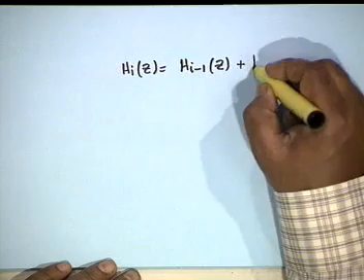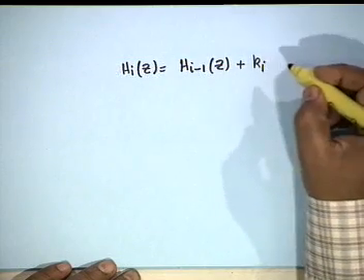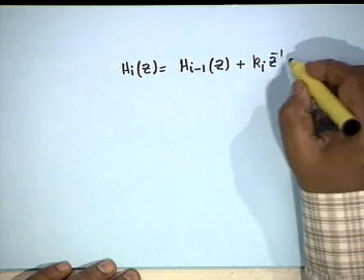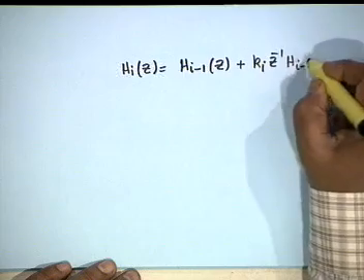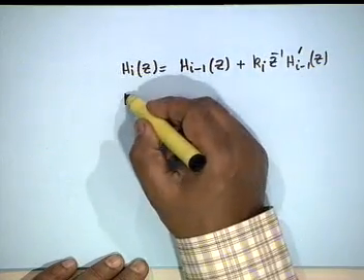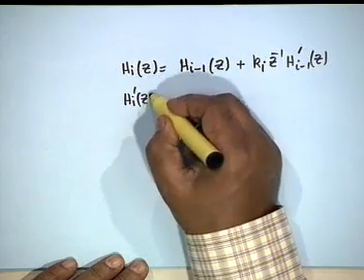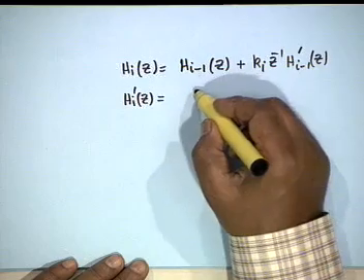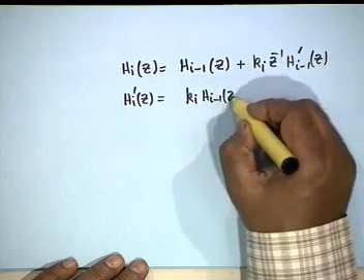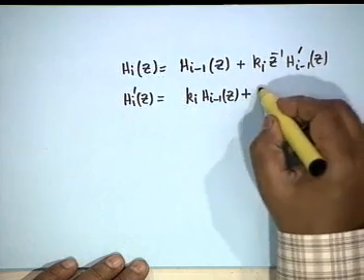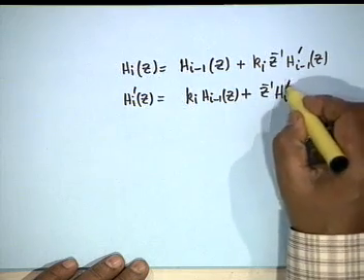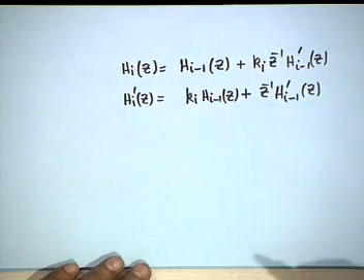It would be Ki z inverse Hi minus 1'(z), agreed, and Hi'(z) would be equal to Ki Hi minus 1(z) plus z inverse Hi minus 1'(z), okay.